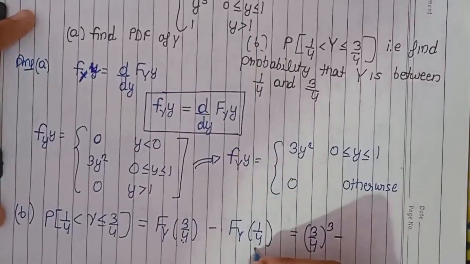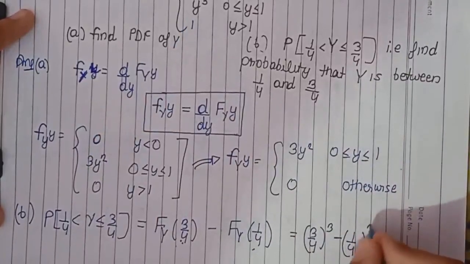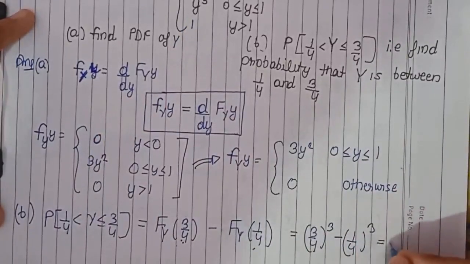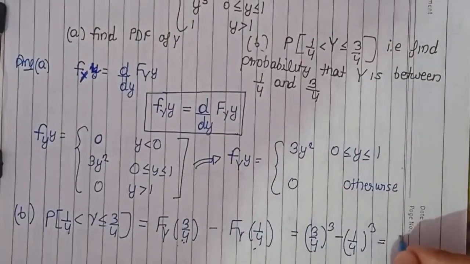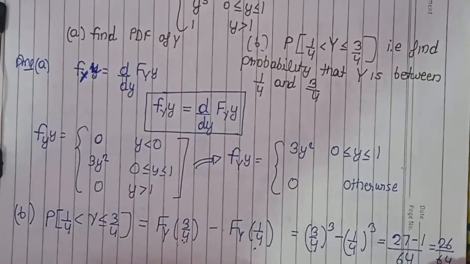Similarly, the CDF value at 1 by 4 will be 1 by 4 cube. Now solving this, we are going to get 3 cube, which is 27, minus 1 upon 4 cube, which is 64, which is 26 by 64, equal to 13 by 32.